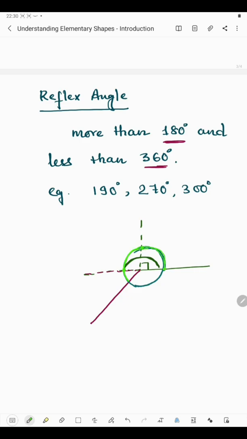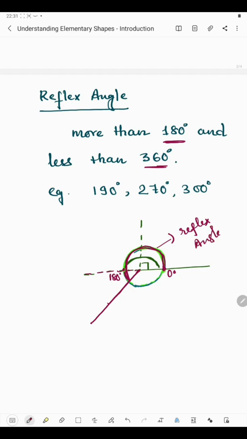So it is up to this, and when it reaches here, then it will become 360 degree. But if you see this red color line, it is here. So that means here is 0 degree, here is 180 degree, and it is going beyond 180 degree. So this angle is called reflex angle.